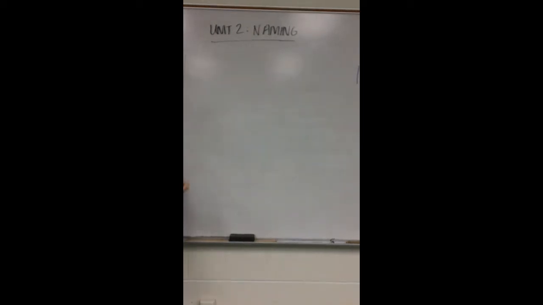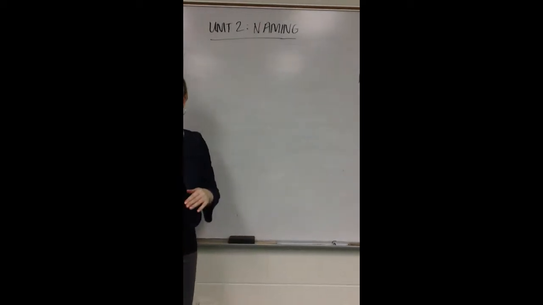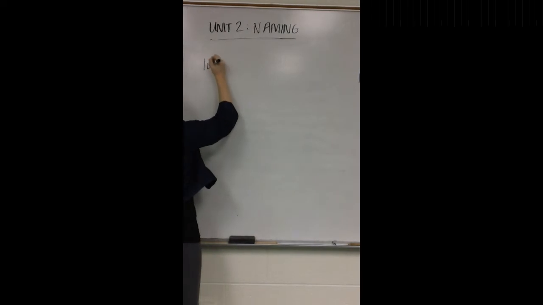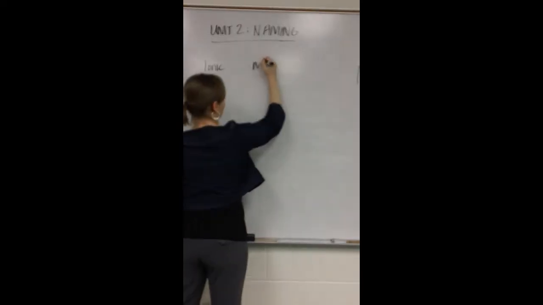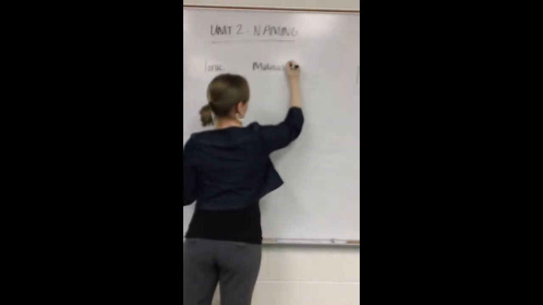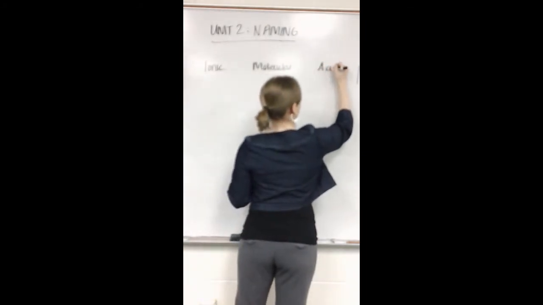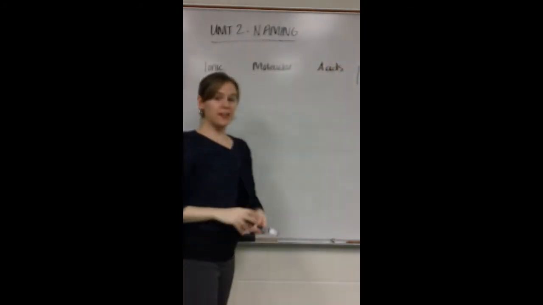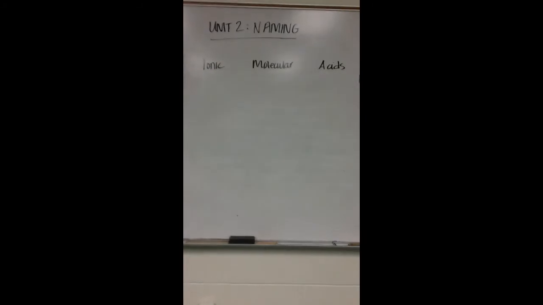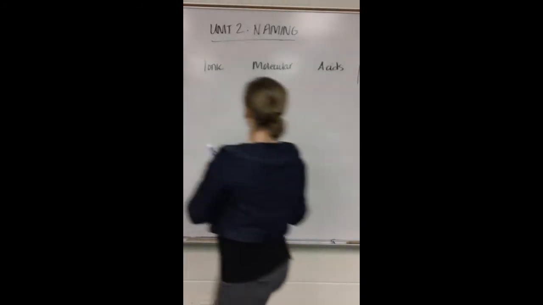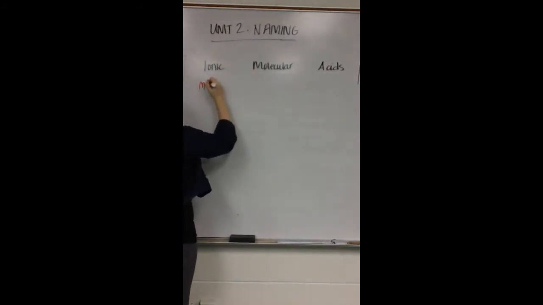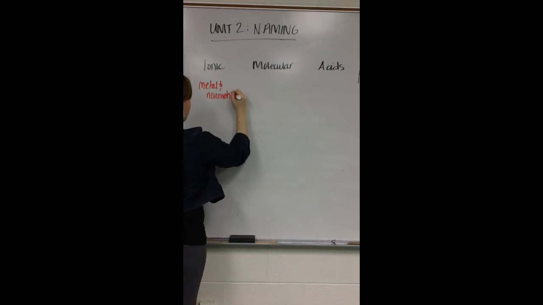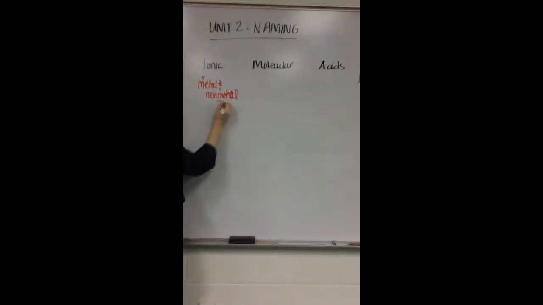All right, Unit 2 naming. We have 3 main types of naming that we discussed: ionic, molecular, and acids. To figure out what something is, if it's ionic, it has a metal and a nonmetal, which ends up being a plus and a minus.